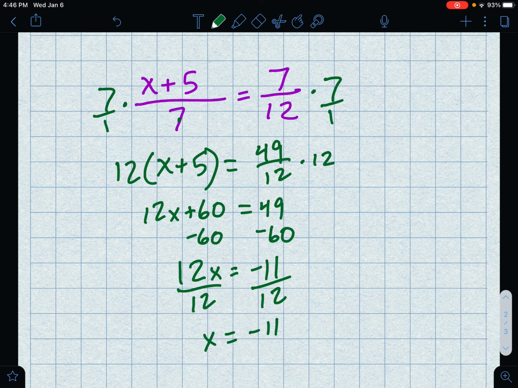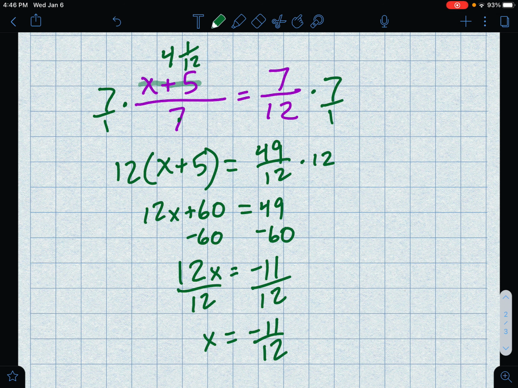So x is equal to negative 11 twelfths, which would seem to be problematic, except in that numerator we're then adding 5. So negative 11 twelfths plus 5 is going to be 4 and 1/12.